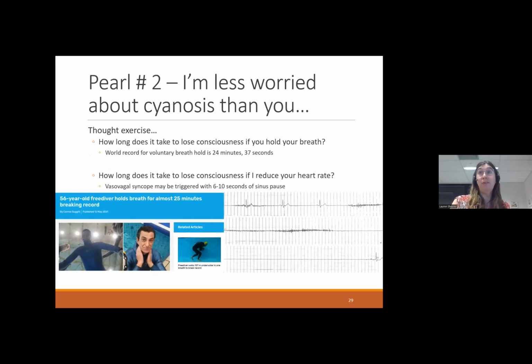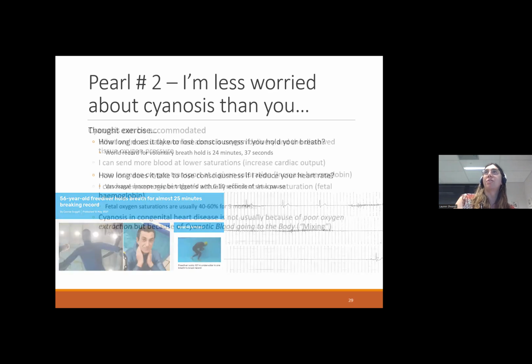But if you have vasovagal syncope, you will lose consciousness within 6 to 10 seconds of a sinus pause. So cardiac output is very important when it comes to loss of consciousness, but actually cyanosis can be very well accommodated. And of course, this is an unfair comparison because chronic hypoxia in particular has many adaptive mechanisms.